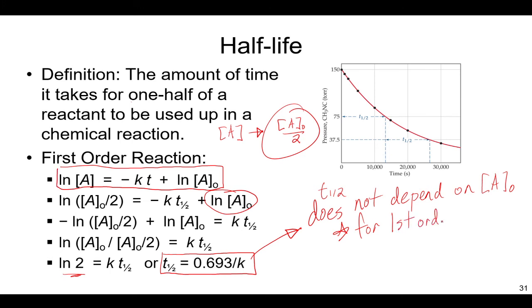We'll see later it doesn't apply to second order or other reaction orders. But this is really interesting because it suggests for anything that obeys a first order rate law, it doesn't matter if you start with 100 moles per liter, 200 moles per liter, 3 moles per liter. The amount of time it takes for half of that reactant to go away is always the same, 0.693 divided by the rate constant.